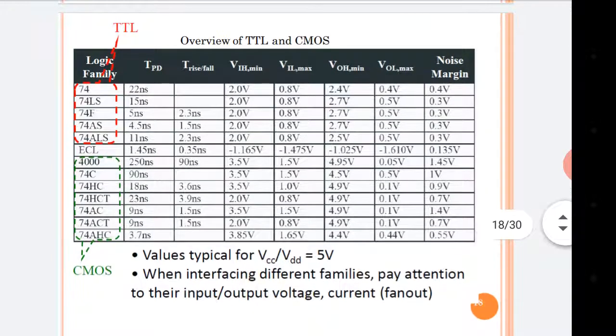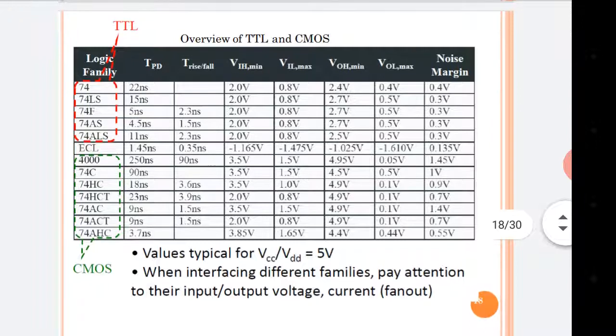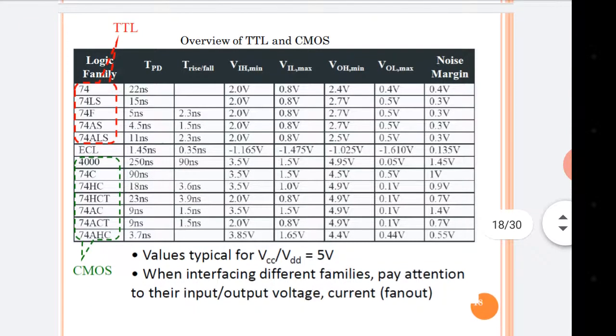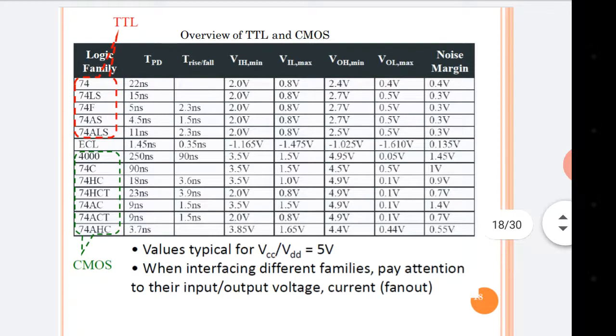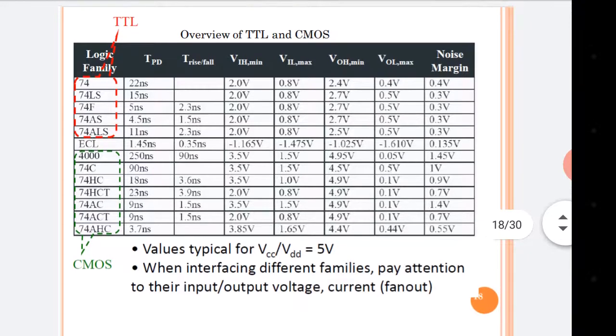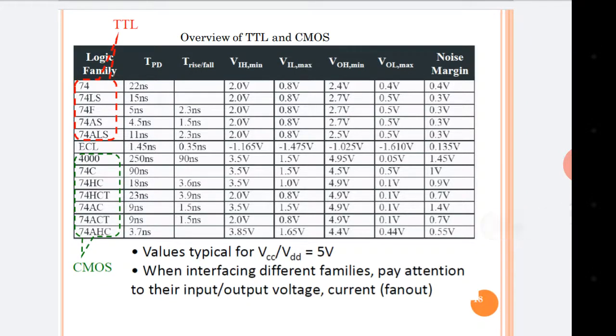There are other logic families as well, like I square L, diode transistor DTL, DCTL, then ECL, Schottky TTL logic family, and in unipolar logic family, CMOS logic family. The theory about these logic families we have already discussed in previous lectures.